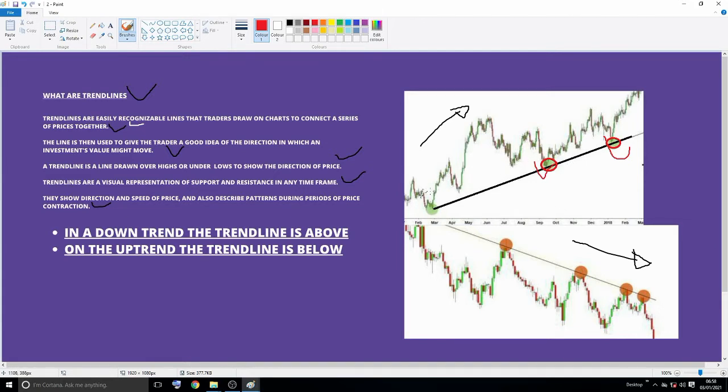And if it creates higher highs and higher lows, it means that the price is going to the upside, because you see this low and this low is higher than this low. That's why I'm saying higher lows, and also this low is higher than these 2 lows.